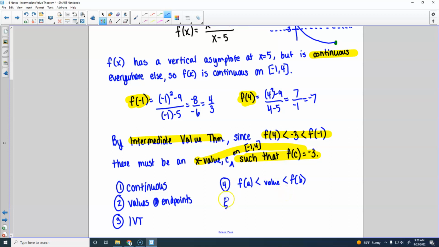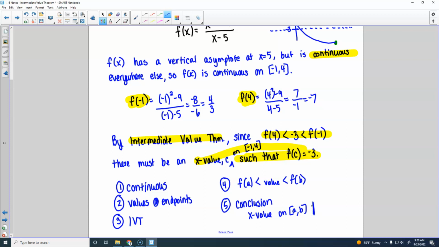And then conclusion, which is going to be an x value c on the interval from a to b, such that, therefore, such that.